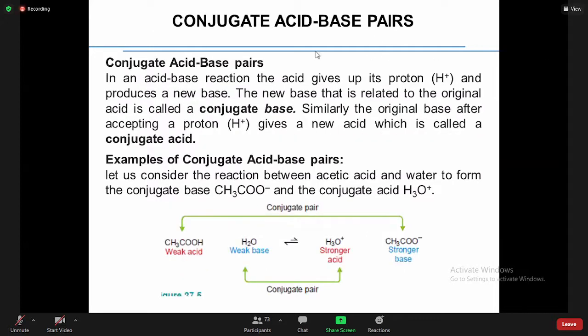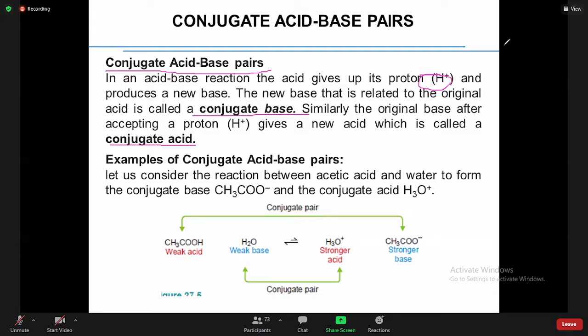Okay, so some of you already told about the conjugate acid base pair. What is a conjugate acid base pair? The acid gives a proton, becomes a base, and we can call it the conjugate base of the acid. So the acid is giving up a hydrogen ion, a proton, and it is accepted by another ion or another molecule, right?